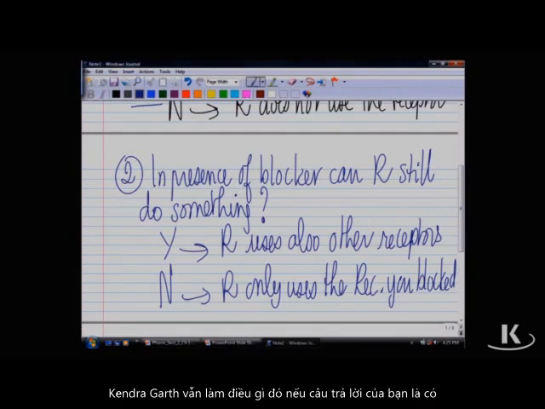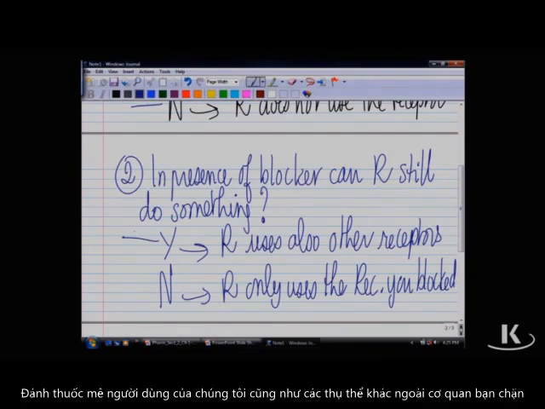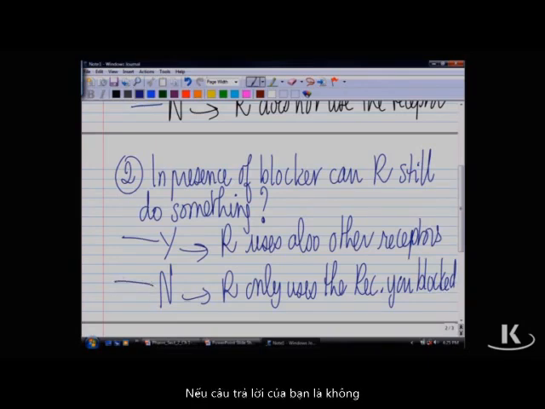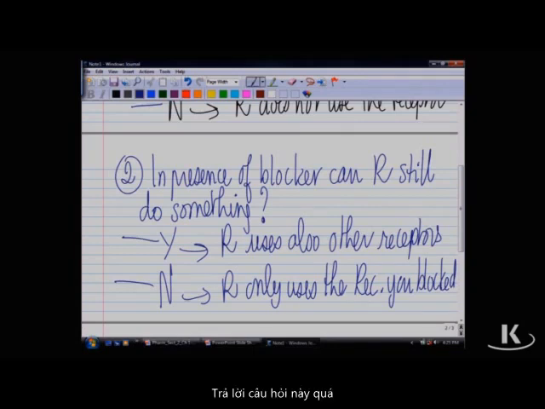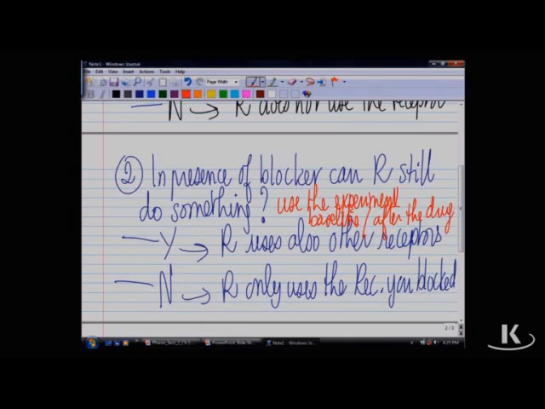If your answer is yes, drug R uses also other receptors besides the one you blocked. If your answer is no, the only receptor drug R uses is the receptor you blocked in this experiment. To answer this question, just use the experiment, and what you compare is baseline versus after the drug. So you don't look at the control right there.